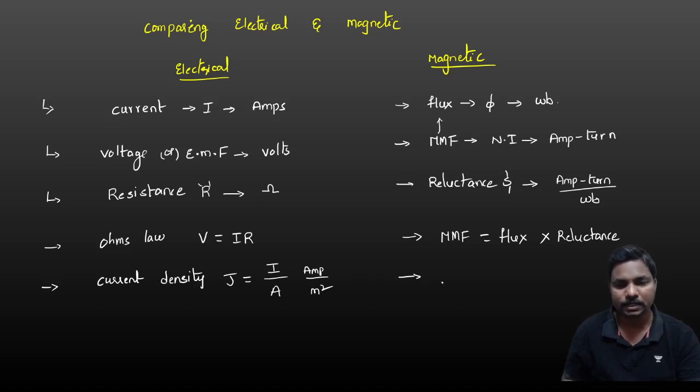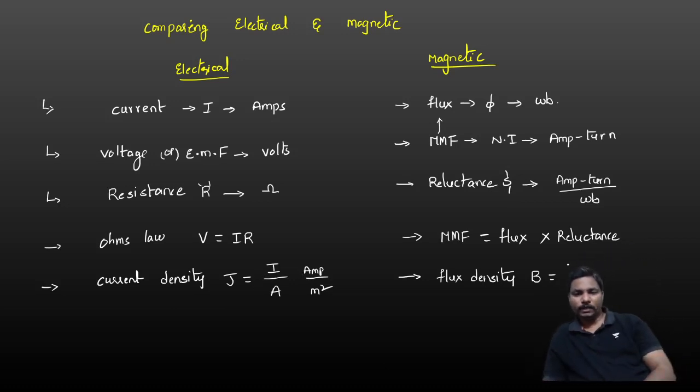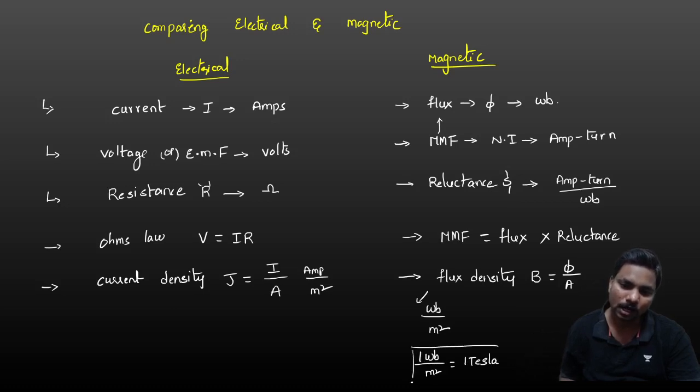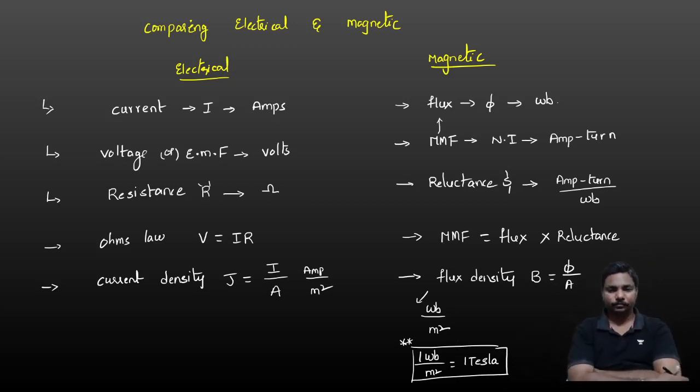Here, in the place of current density, we have magnetic flux density, denoted with the letter B. Flux by unit area. So units are Weber per meter square, and 1 Weber per meter square is equal to 1 Tesla. Very important. Tesla or Weber per meter square are the important units of magnetic flux density.